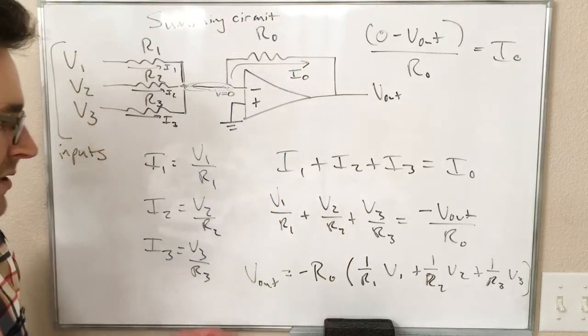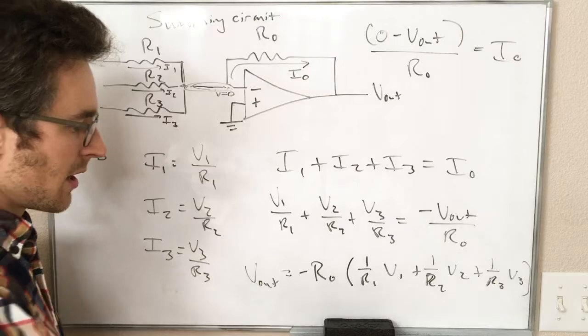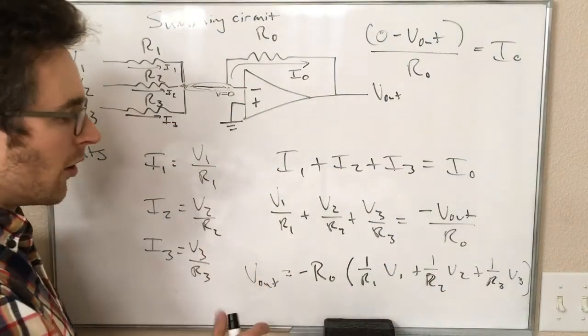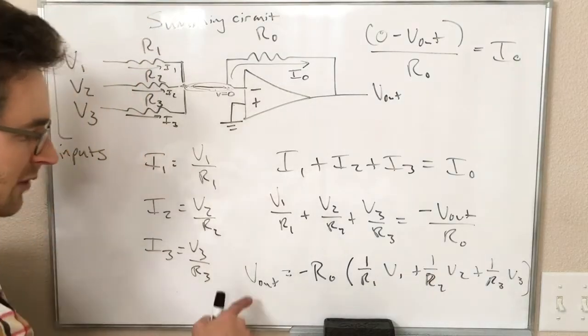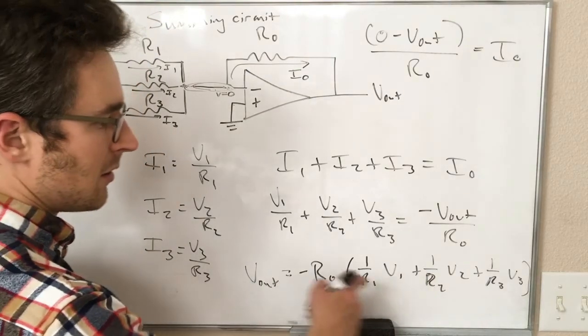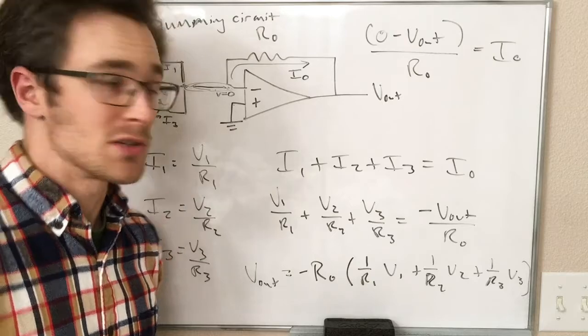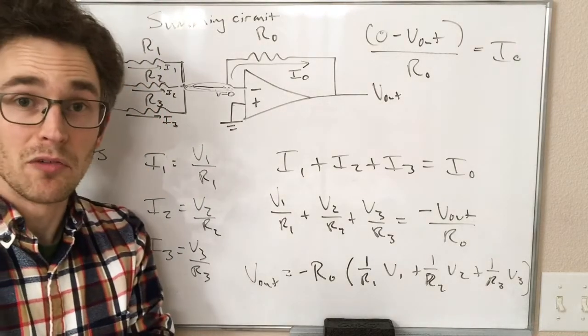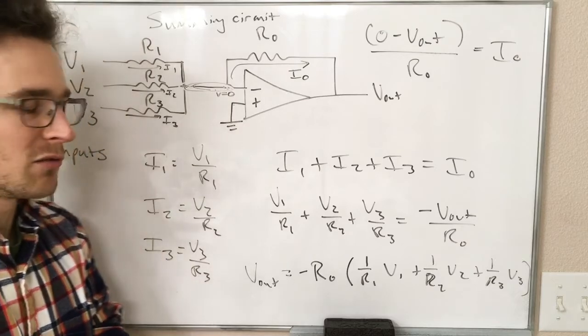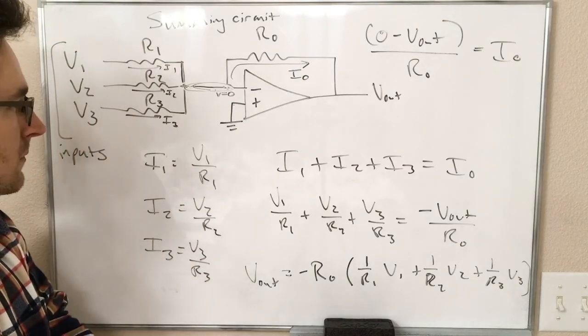You can imagine if we picked the right resistor values. Let's just say all of the resistor values are 1 ohm, all of these R0, R1, R2, R3, all of those just go away, and we're left with V out equals minus (V1 plus V2 plus V3). So clearly the output is the sum of the inputs times a factor of -1.